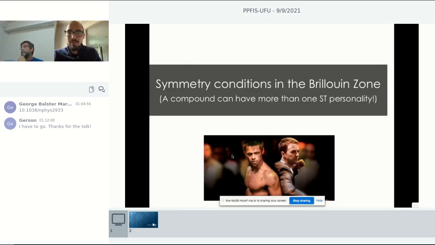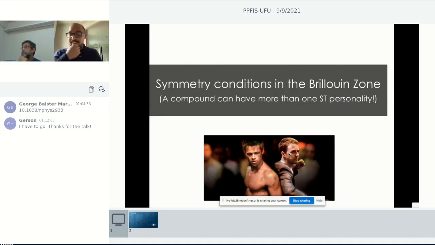Usually when we do spin ARPES or when we look at tight-binding models or k.p models, we look at one specific high symmetric k point. And if we don't look at the whole Brillouin zone, then we are losing information of the different spin polarization personalities of the compound, and we will see only the one that we have in the specific k point we are looking at.